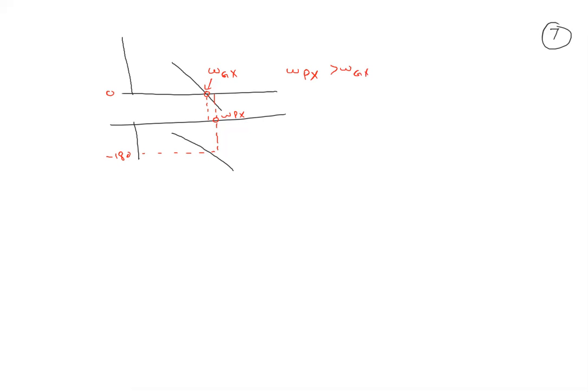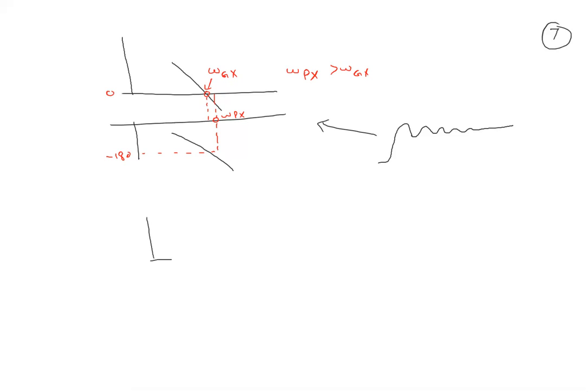If my system is something like this, where omega px is more than omega gx but not by much, this means my phase margin is less. So the system response will be like this. It will go, but there will be ripples, or it will take some time before it gets stabilized. Okay, in this condition.